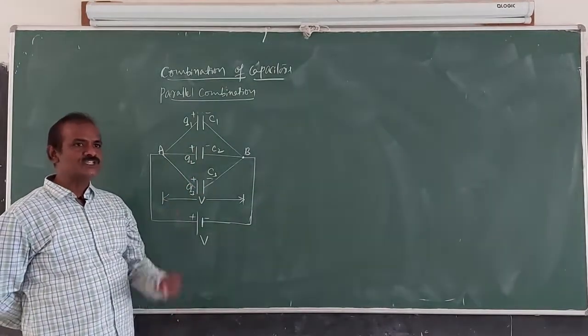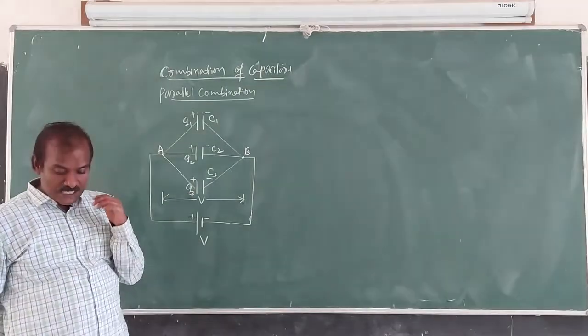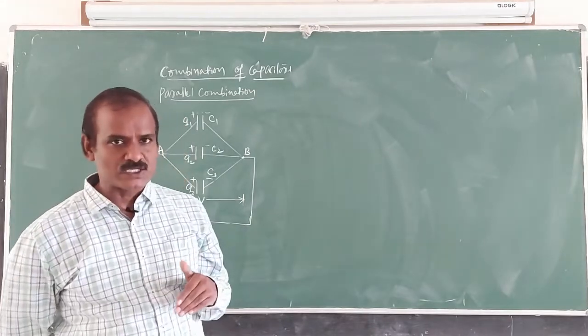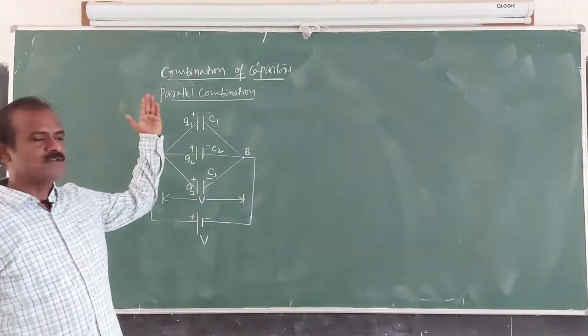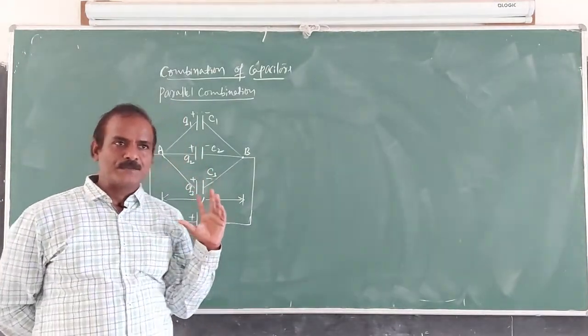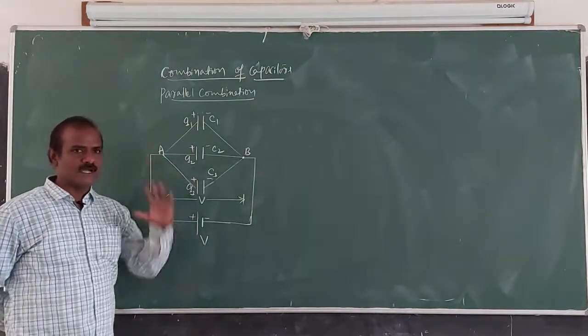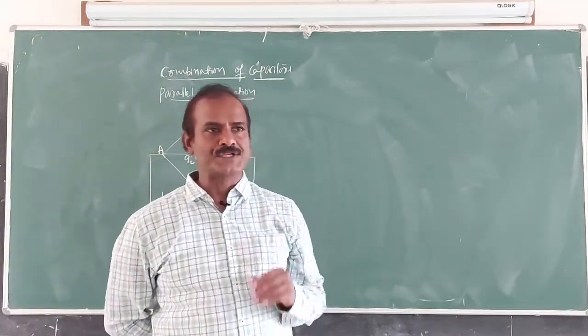What differs? Charge differs. Why? Because capacitances differ. Since capacitances differ, charges also differ, only potential is the same. Unlike series combination where charge is the same and potential divides, here potential is the same and charge divides. This kind of combination we call parallel combination.